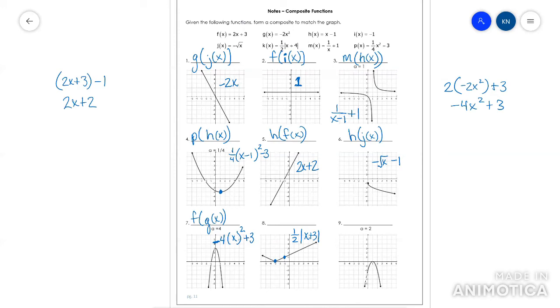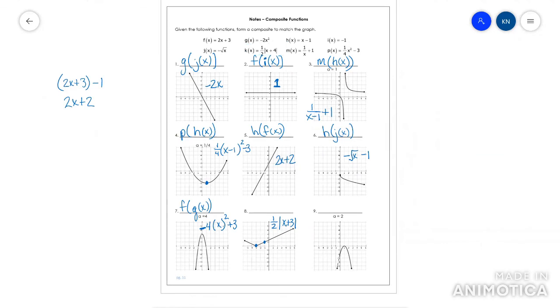So this is the equation of this line. Now looking at my k of x, it already has the 1/2. Well, I need that inside part to say x plus 3. So if I change that x to be x minus 1, when I combine that minus 1 and that plus 4, it'll make the plus 3 I'm looking for. So I'm going to plug h of x into k of x.